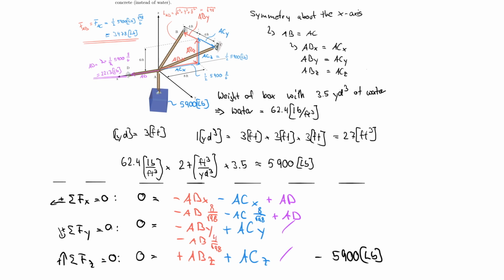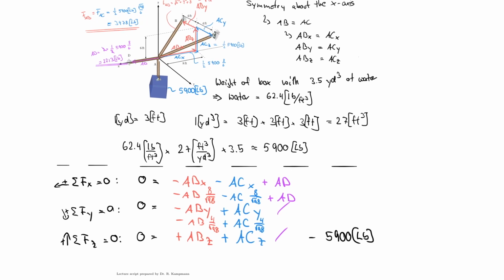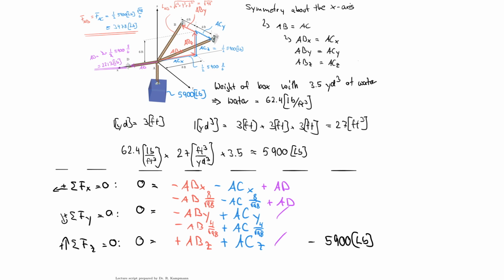So multiplied by 4 plus AC over square root of 98. And last but not least, the Z direction is also divided by square root of 98, but multiplied by 6. And plus AC 698. All right, but we don't need to solve this now because we would just find the same answers as this.